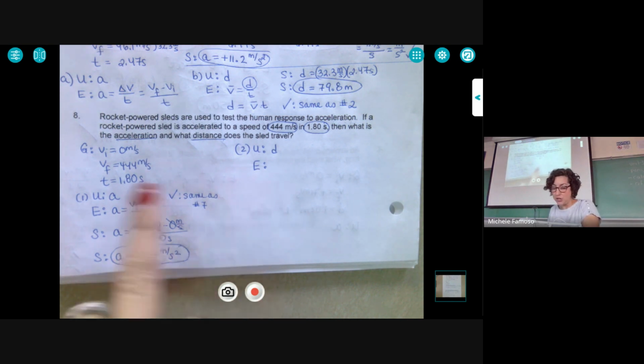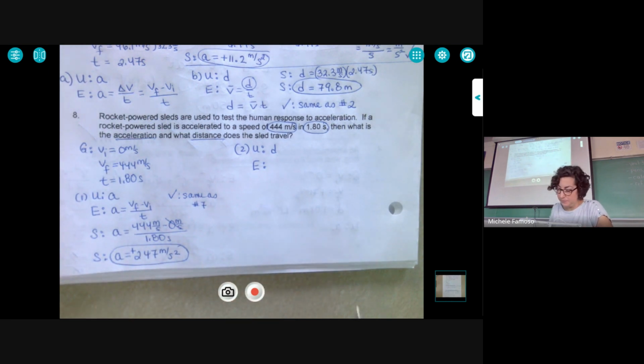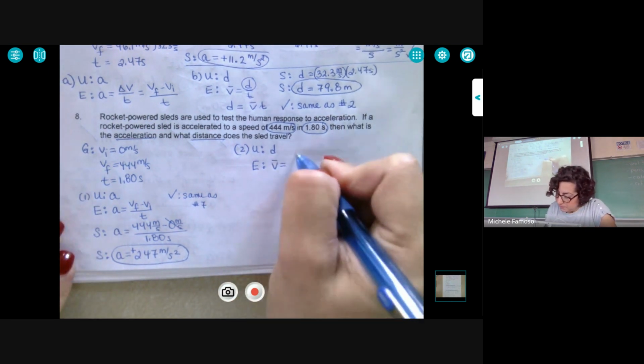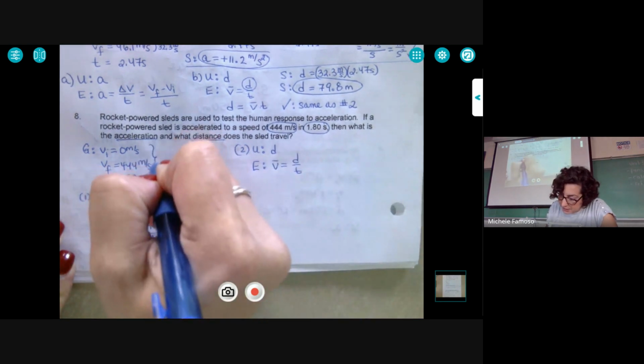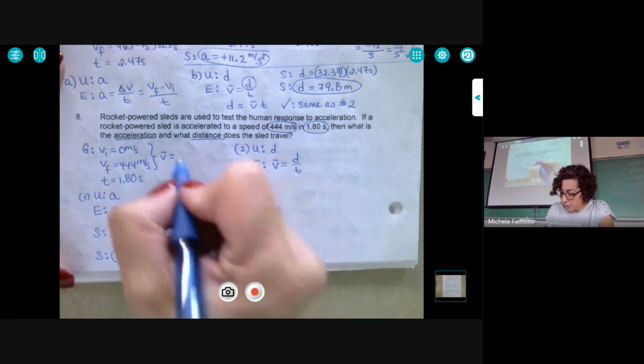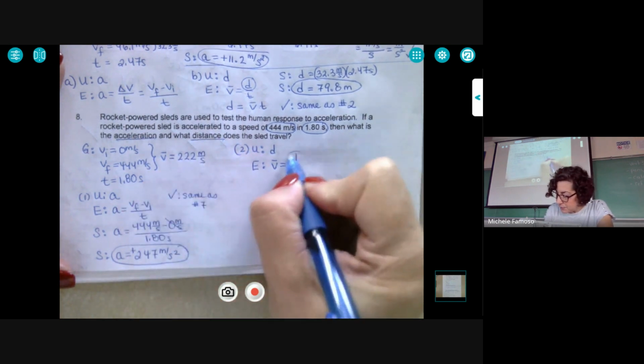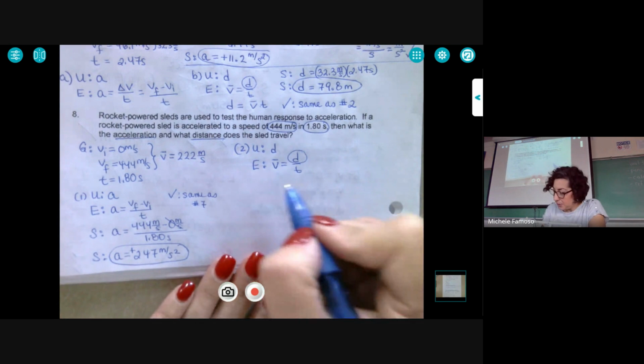Dakari, can you find an equation, therefore, that doesn't use A to help us get D? That's right. Which means we have to get the average of those 2 speeds. Olivia, what's the average of 0 and 444? That's right.